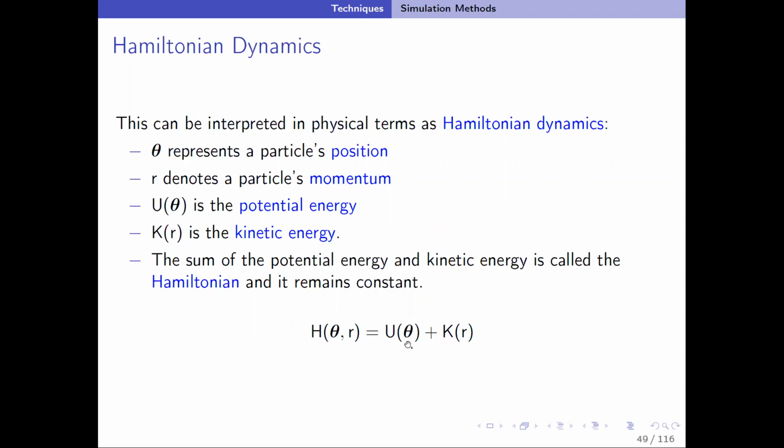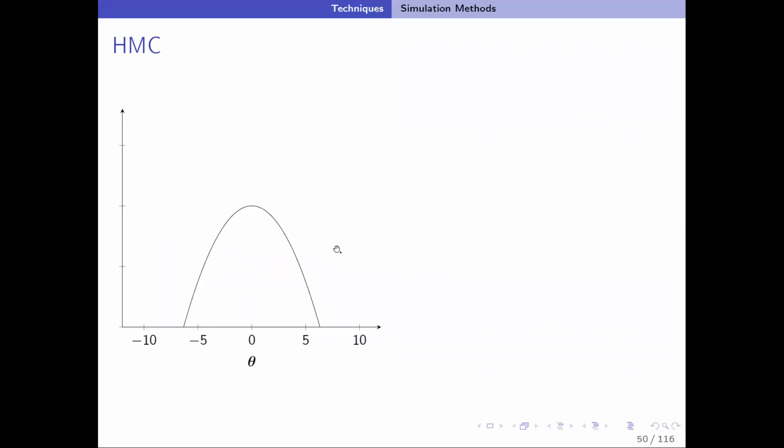You can think about theta as position and R as momentum. So this piece is potential energy and this piece is kinetic energy. The two add together, and by physics law, they have to be constant. It is kind of magical, but that's just how the idea of physics came in to help with sampling. So visualizing it, this is how we see it. You have theta.